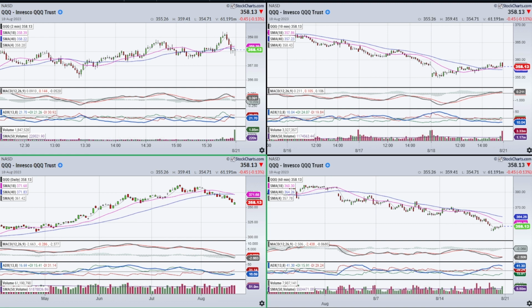Now, typically when I'm trading, there are times when I'll take a trade hourly and 10-minute on an intraday basis, but it has to happen early in the day. Most of the trades I'm doing intraday are going to be the 10 and the 2. If you like the 15 and the 3 better, that's fine, or even the 5 and the 1, you can do those as well. But let me just explain something.